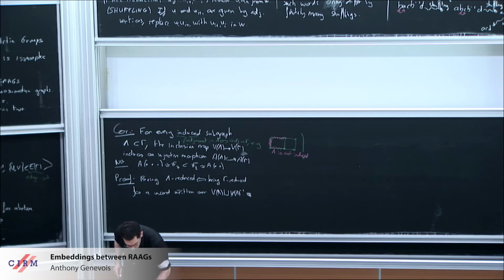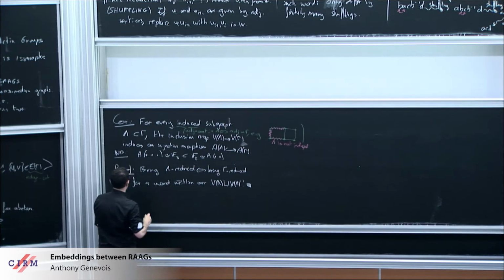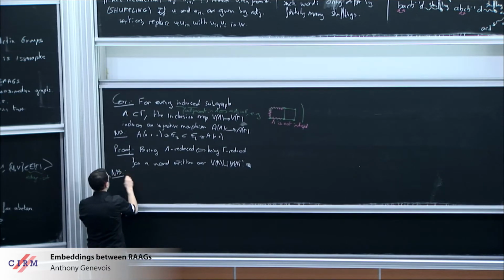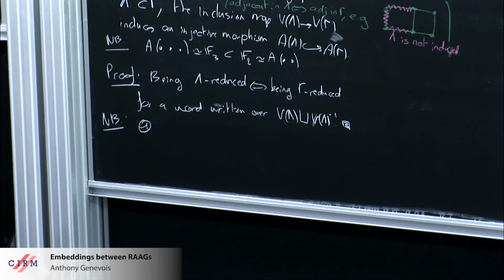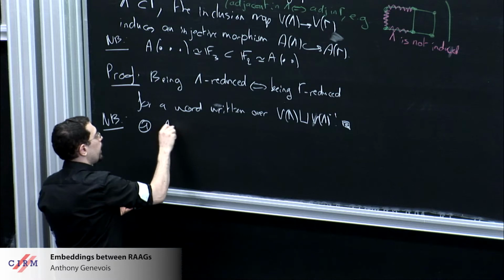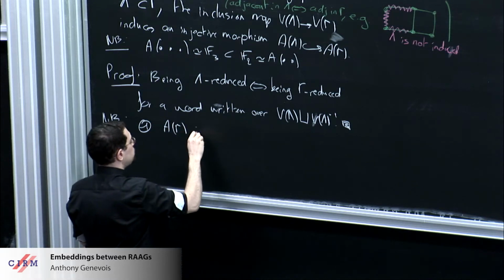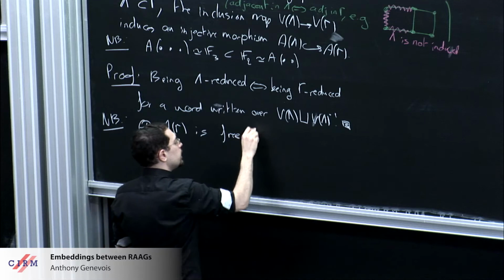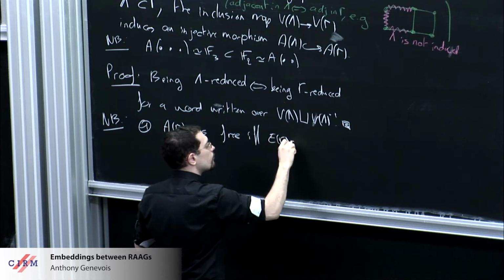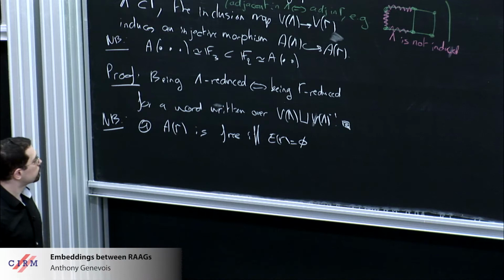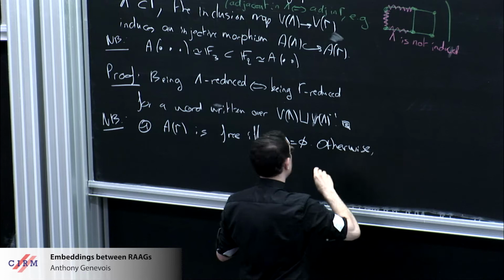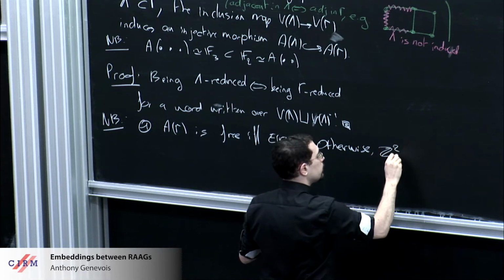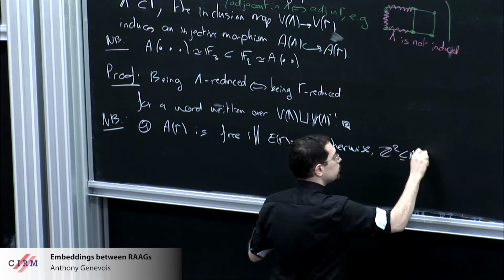And maybe I can mention a few others. Okay, maybe two. There are not really difficult consequences here, just observations. So A gamma is free if and only if gamma has no edges, and otherwise you have that Z squared is a subgroup of A gamma.